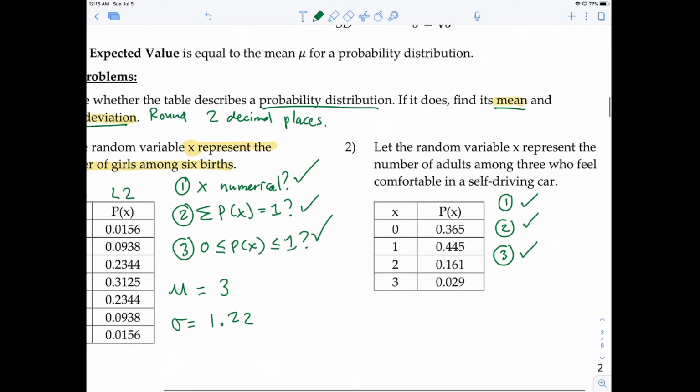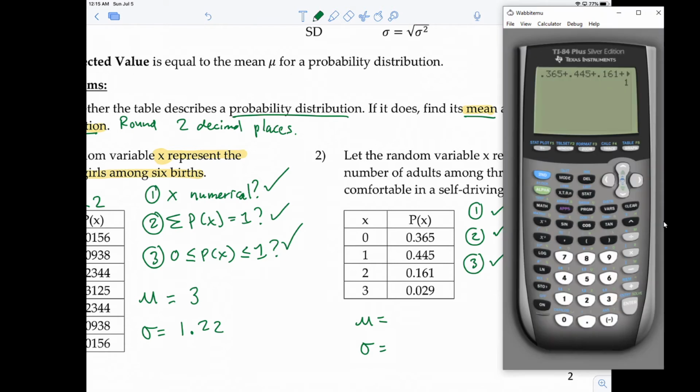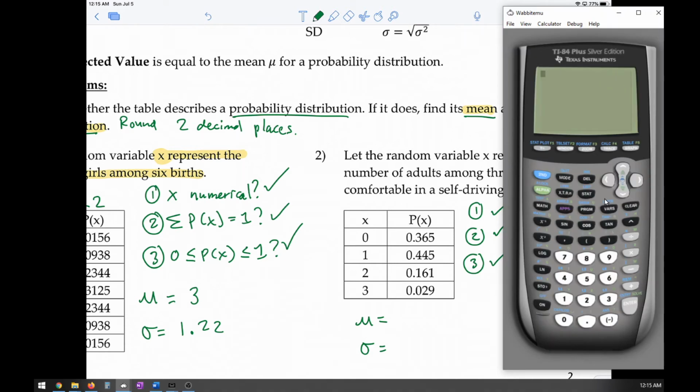All right, so now that we have that it's a probability distribution, we can calculate the mean and the standard deviation. Okay, so similar. So let's go ahead and just jump right in here. So we're going to press stat, edit, and I'm going to clear these two lists. So I'm going to press up until the list is highlighted, press clear, press down.